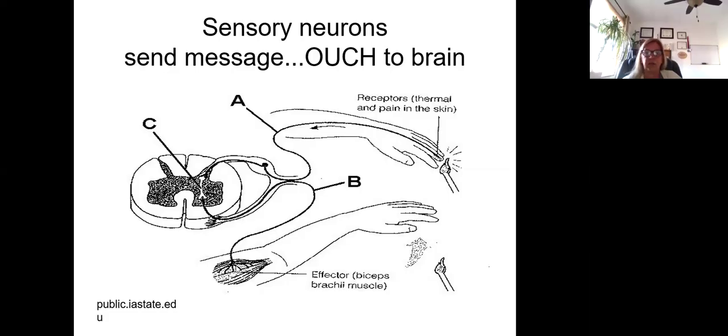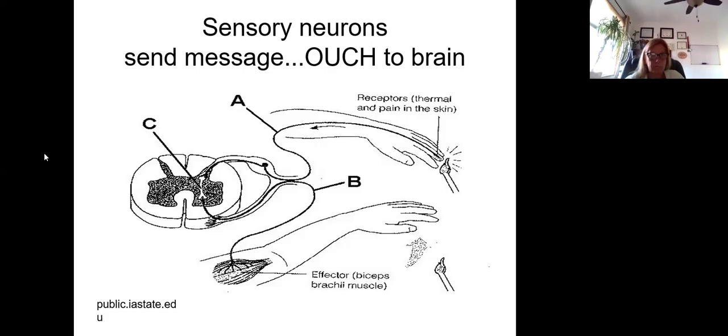So, I'm sending information to your brain. Here's kind of an illustration. Here's our brain. Ooh, ow, we stuck our finger in the fire. You pull your hand back. Ouch, that hurt. Your brain automatically goes, oh, fire, take your hand away.